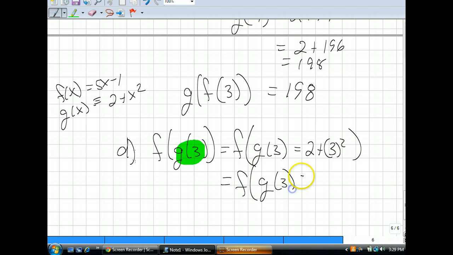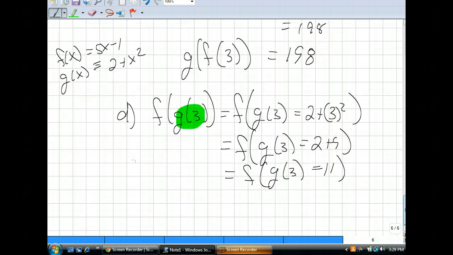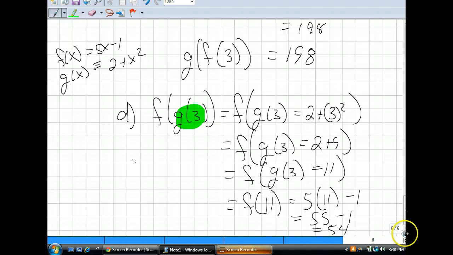So we plug in the 3, so we get 2 plus 9, and so that's 11. So that means in place of g of 3, we can put 11. So we can find f of 11. So that says in the f function, replace the x with 11. So we get 55 minus 1, or 54. Okay?